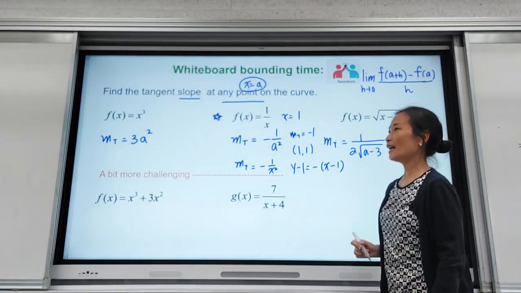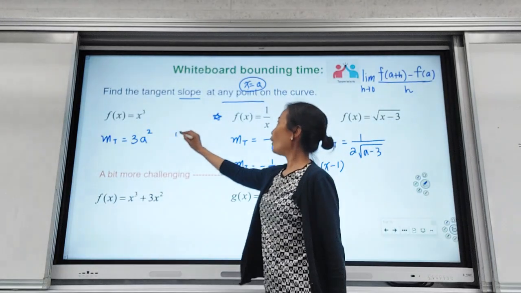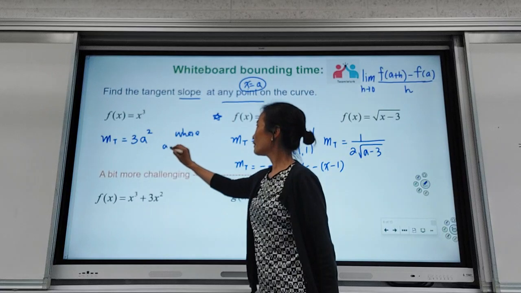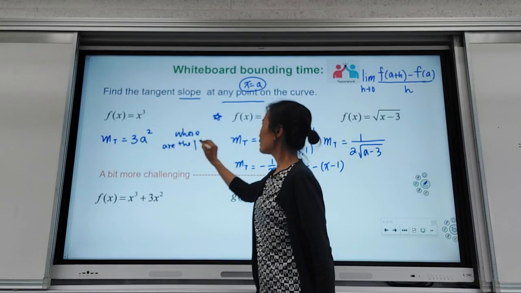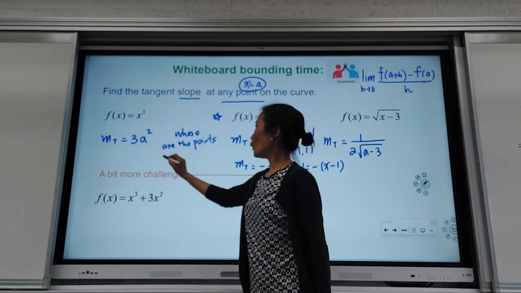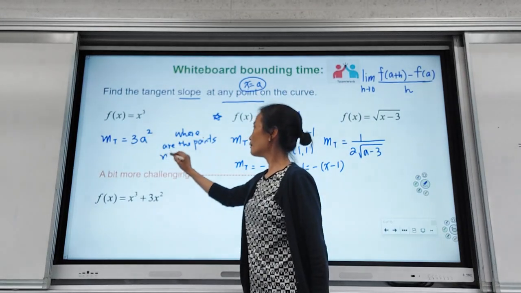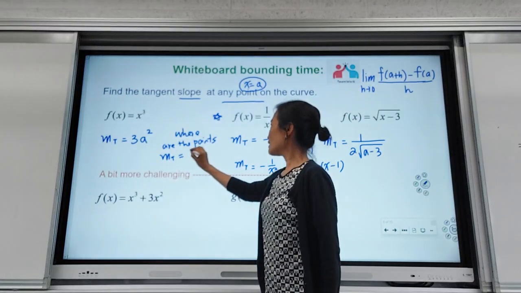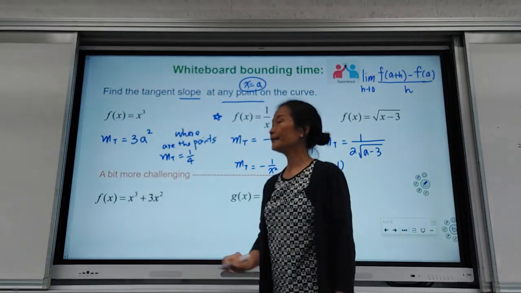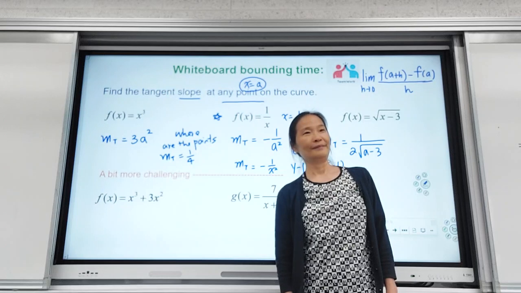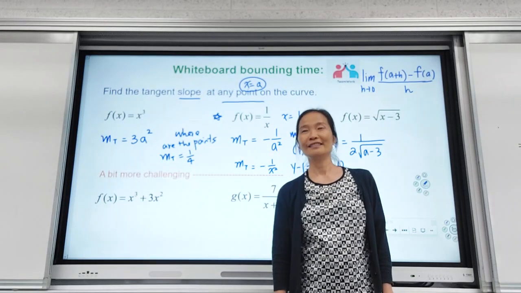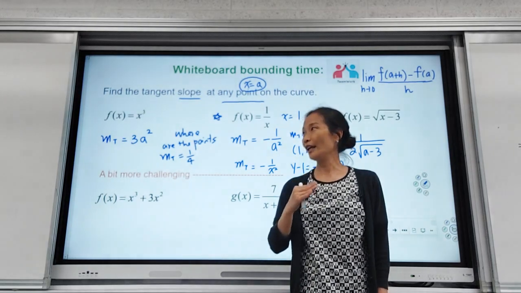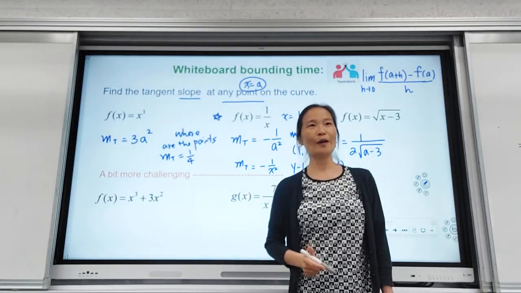Or I can say, can you find where the points are when the slope of tangent is equal to, say, 1/4. How would I do it? I need to find the location where the slope of tangent is 1/4.